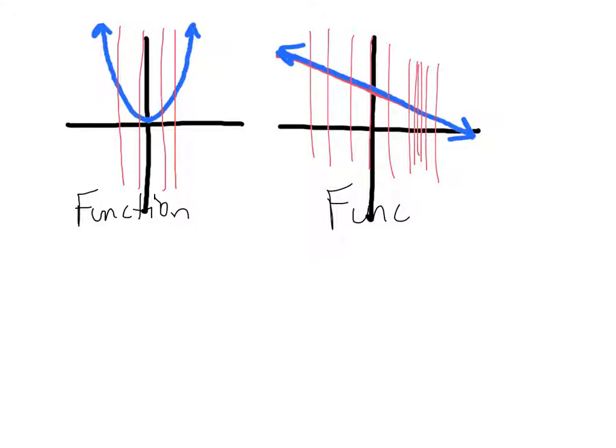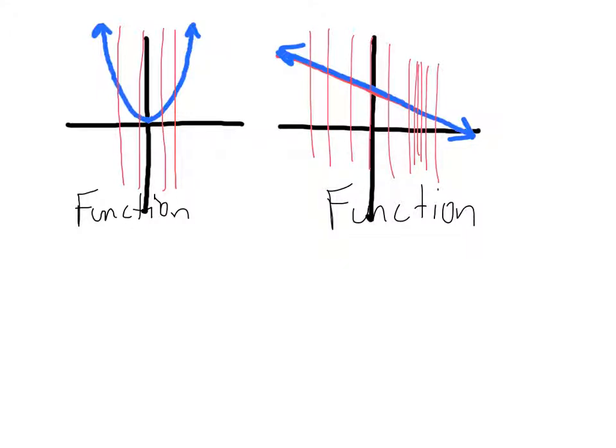Well, think about that. Are all lines functions then? What about a vertical line? Would a vertical line pass the vertical line test? No. Vertical lines are the only lines that are not functions.